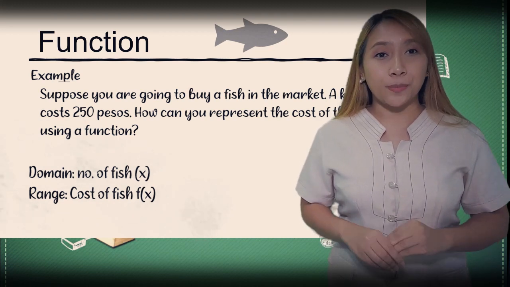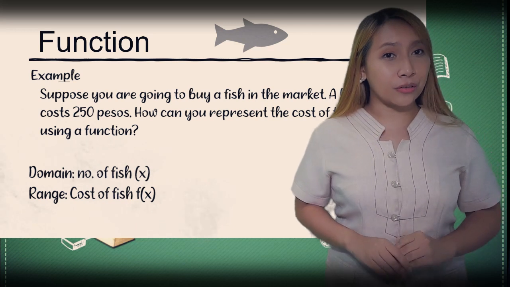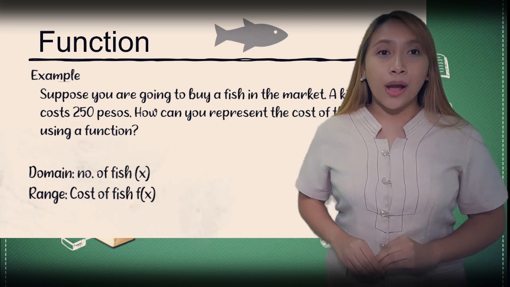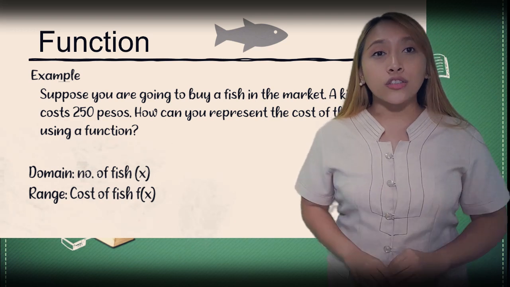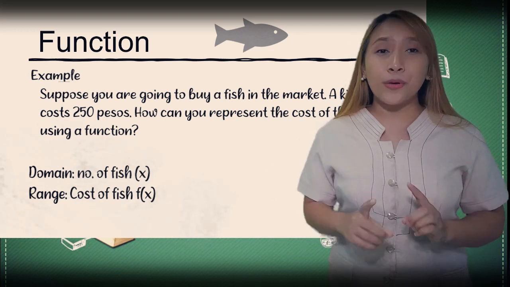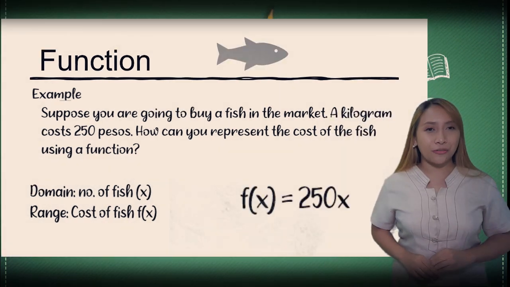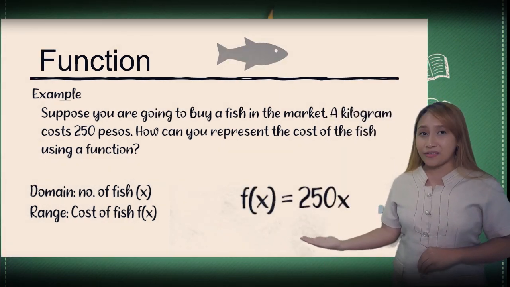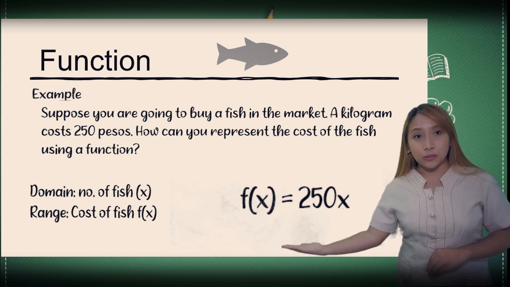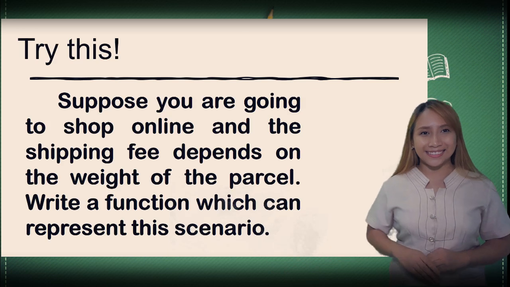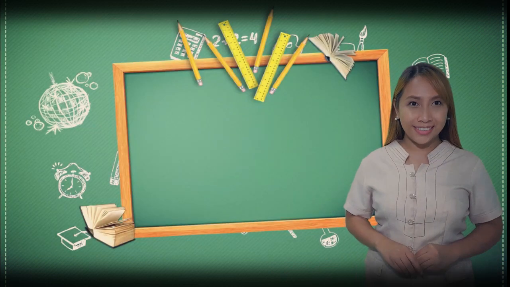Therefore, our domain here is the number of kilograms, which can be represented using x, while the range is the cost of the fish, which is represented using f(x). Therefore, we can write our equation as f(x) = 250x.